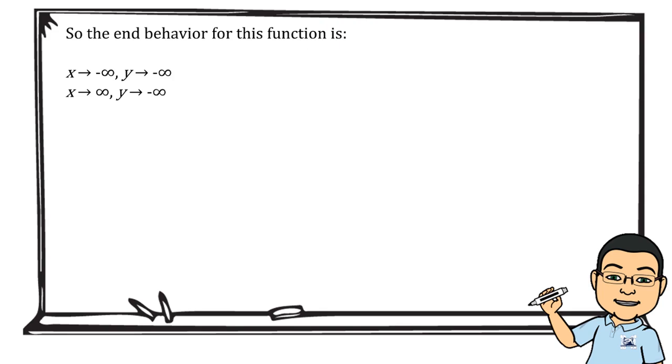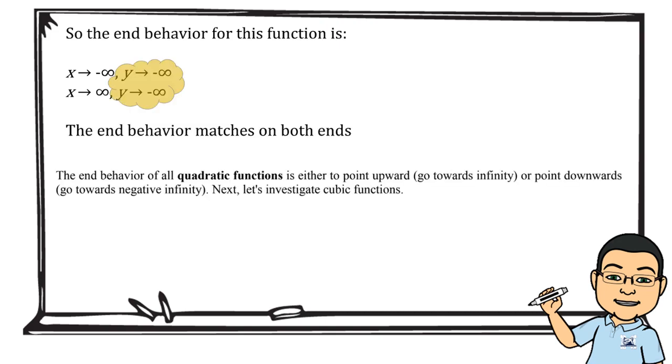So the end behavior for this function is as x approaches negative infinity, y approaches negative infinity, and as x approaches infinity, y approaches negative infinity. The end behavior matches on both ends. As we've already learned about quadratics, the end behavior is going to match. They're either both going to go up towards positive infinity or down towards negative infinity.